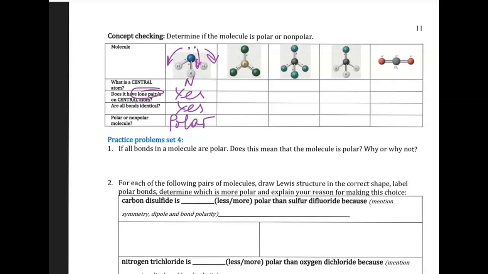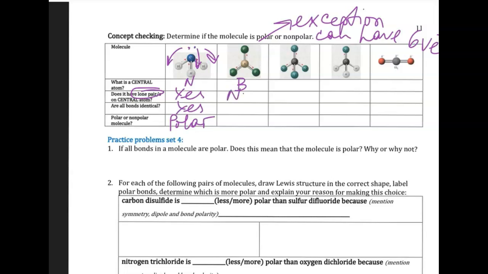Next one, boron trifluoride. The central atom is boron, and look at this case. 3 bonds surround boron, and this is an exception. No octet rule here, so boron can be stable with only 6 valence electrons around it.